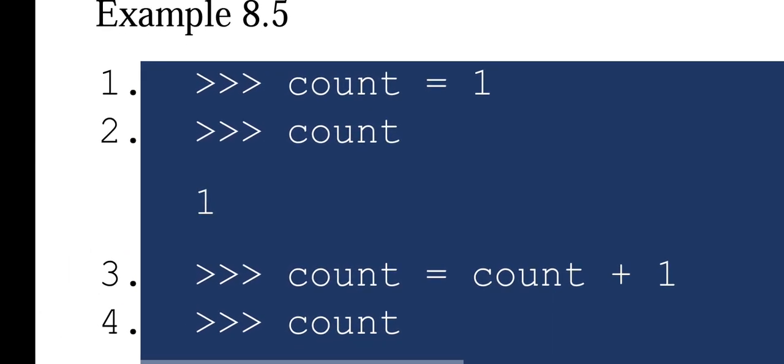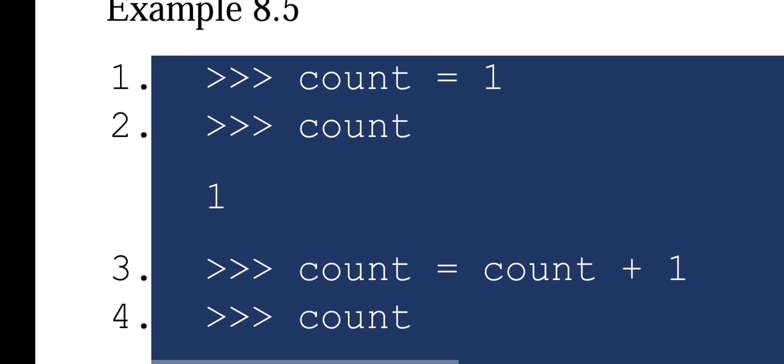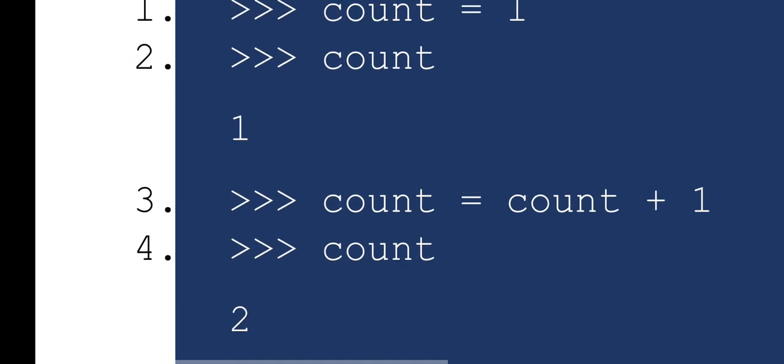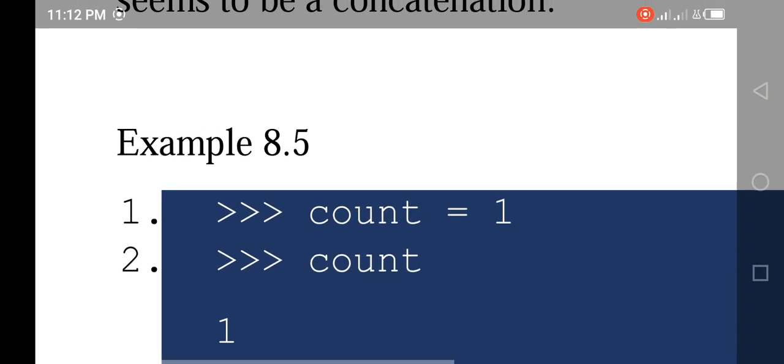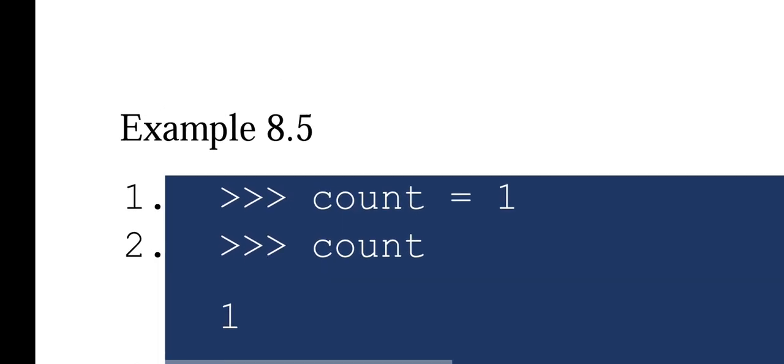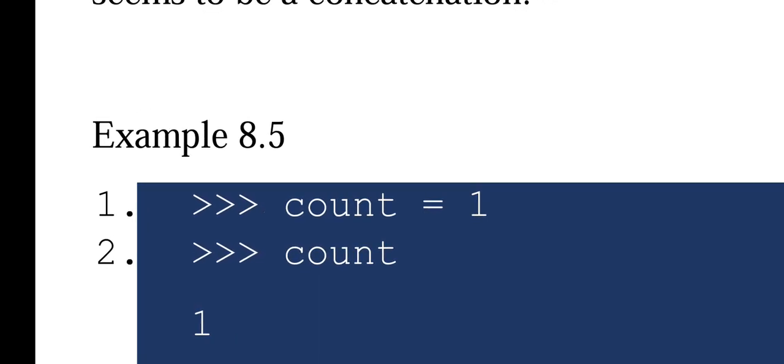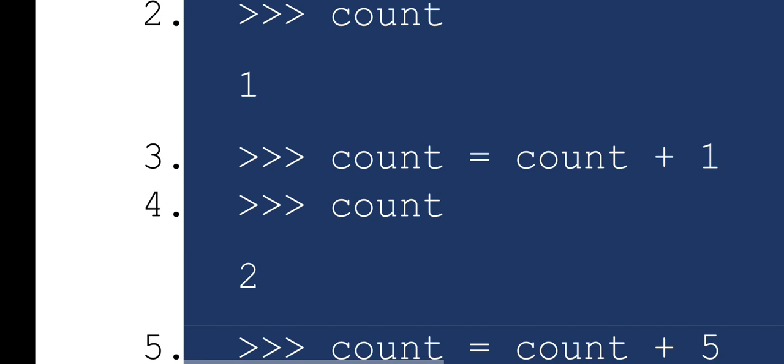Let's look at the output on line 4. The output is 2. It means count has been increased from 1 to 2.